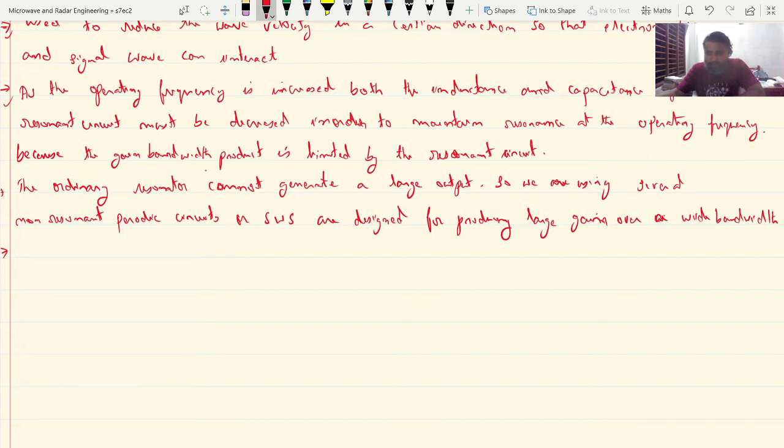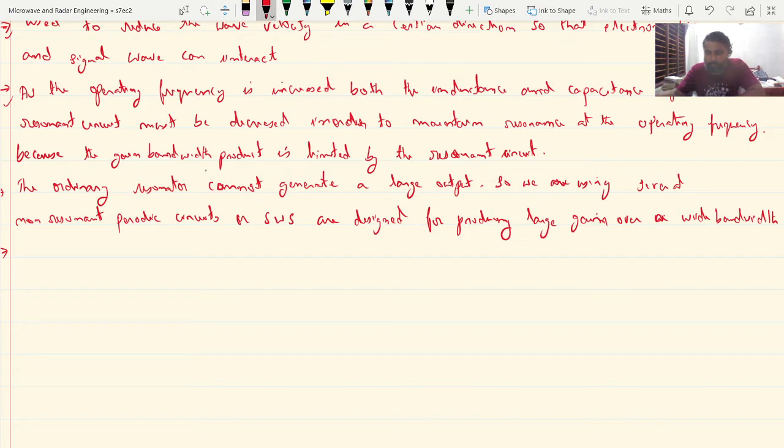Because the electron beam can be accelerated only to a velocity that is a fraction of the velocity of light.